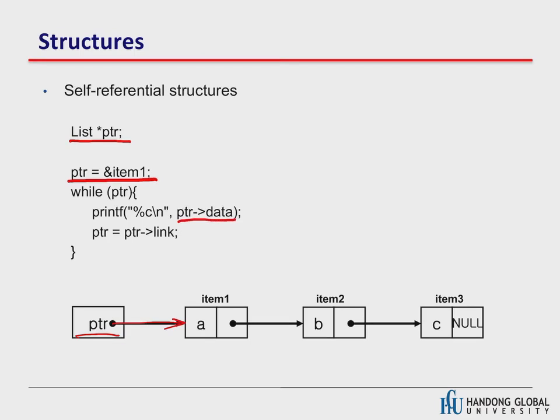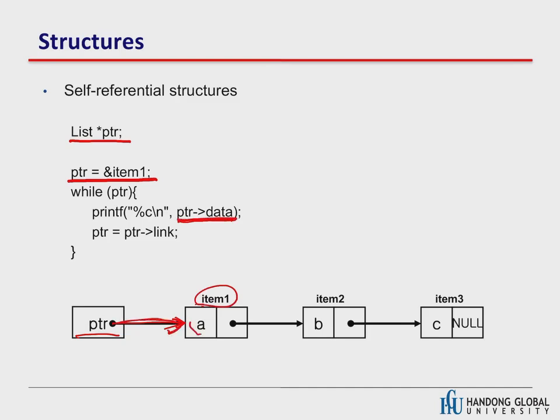PTR's data means it will print out the data of the structure that PTR is pointing to. Okay, so PTR is pointing to item 1. So PTR arrow data means the data of the item that PTR is pointing to.